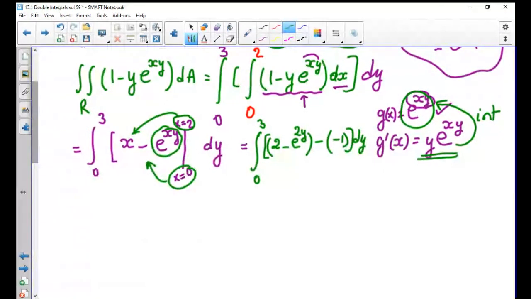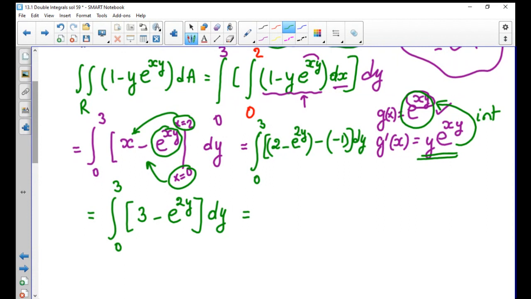So now I can say it's the integral from 0 to 3 of 3 minus e to y dy.